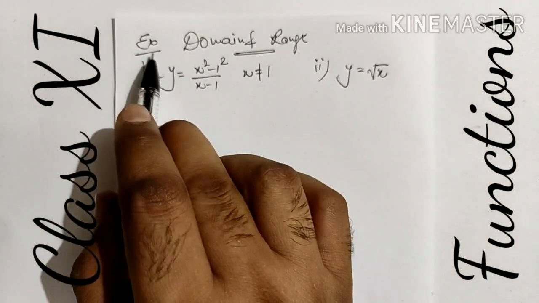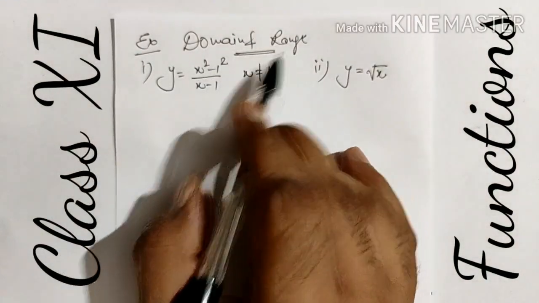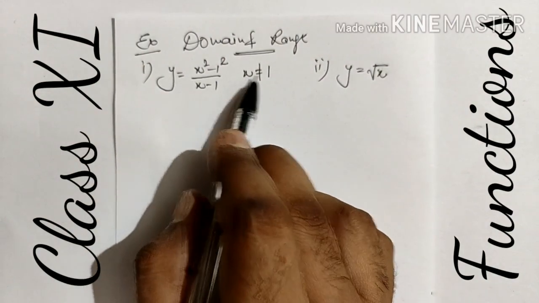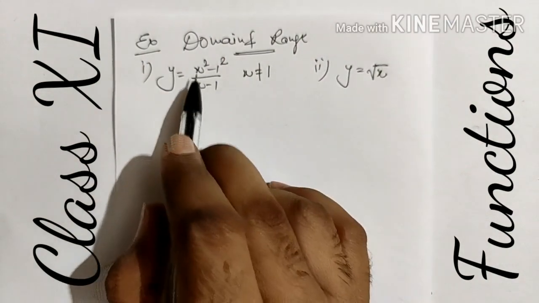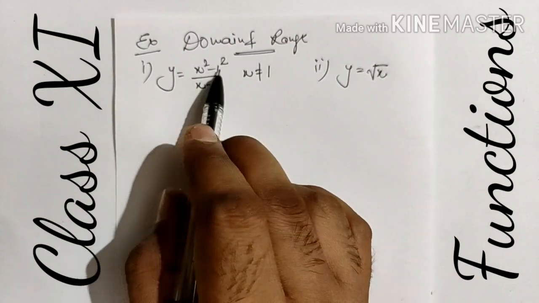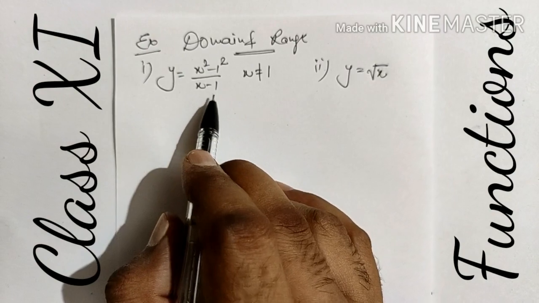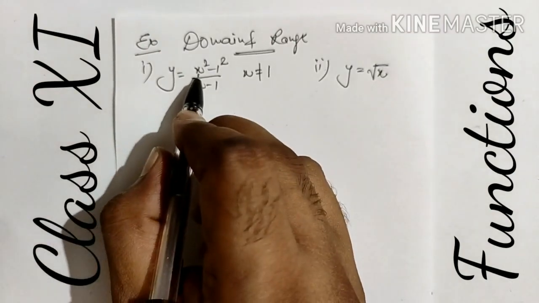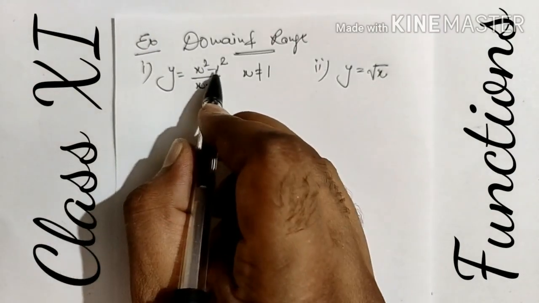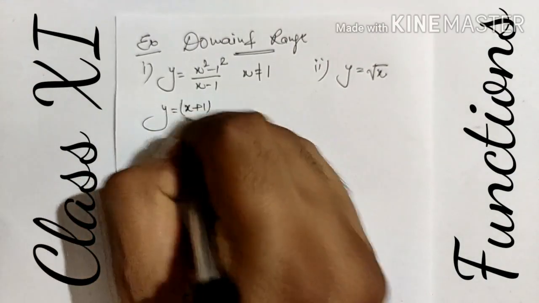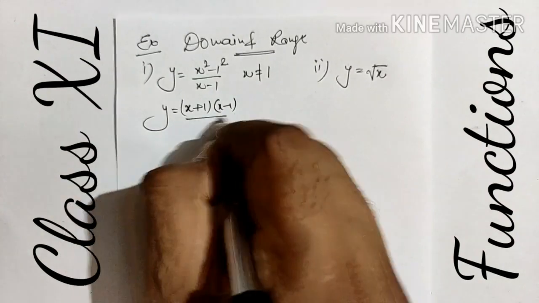Now we are taking an example on finding the domain and range of the given function. Here there is a restriction: x is not equal to 1. If you replace x equal to 1, the numerator becomes 0 and the denominator also becomes 0, a 0 by 0 form. Here it is the a square minus b square identity. If we apply it, we get a plus b, a minus b.